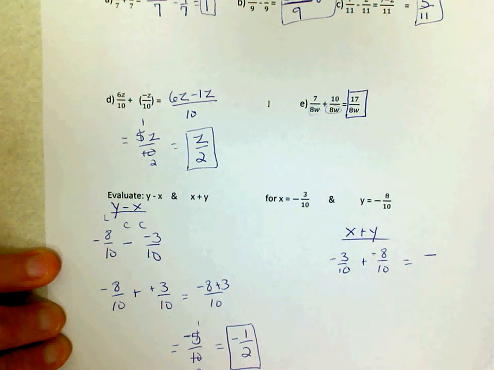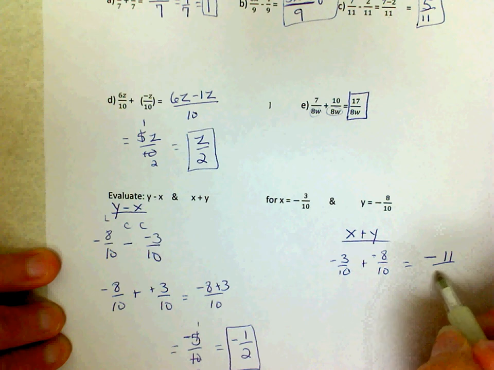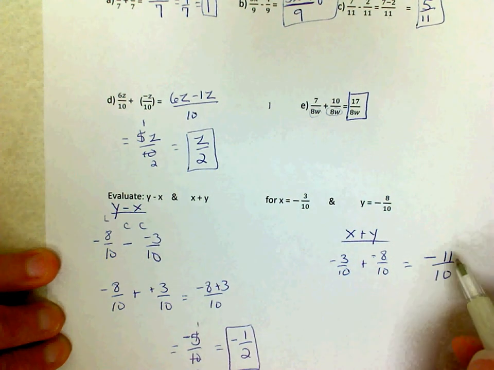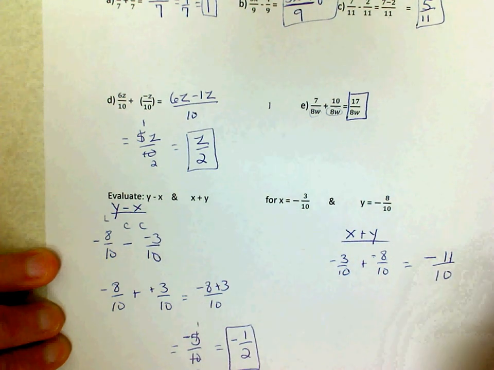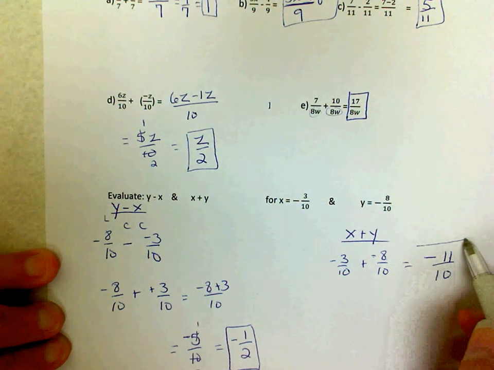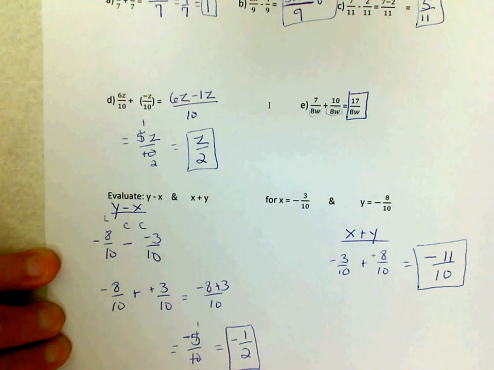So 3 plus 8 is 11. And we keep the denominator as the denominator. And I cannot clean up this, and I know I could write it as a mixed number, but I promise you, in my math lab, if it starts as a fraction, you end it as a fraction, unless told otherwise.